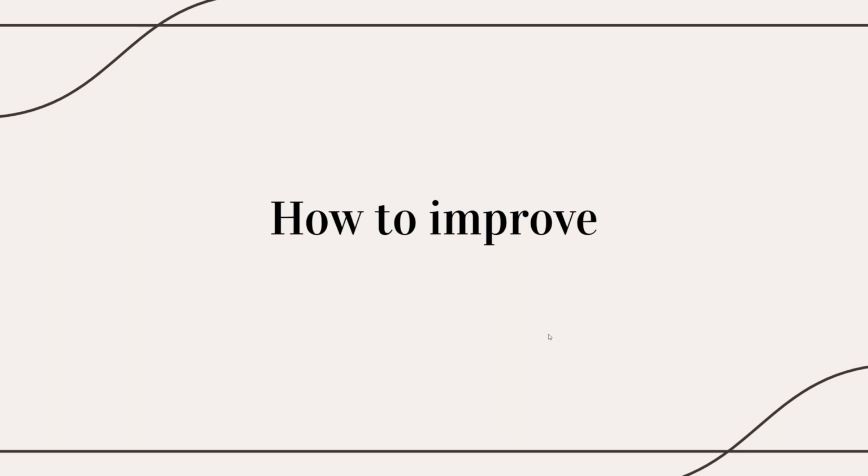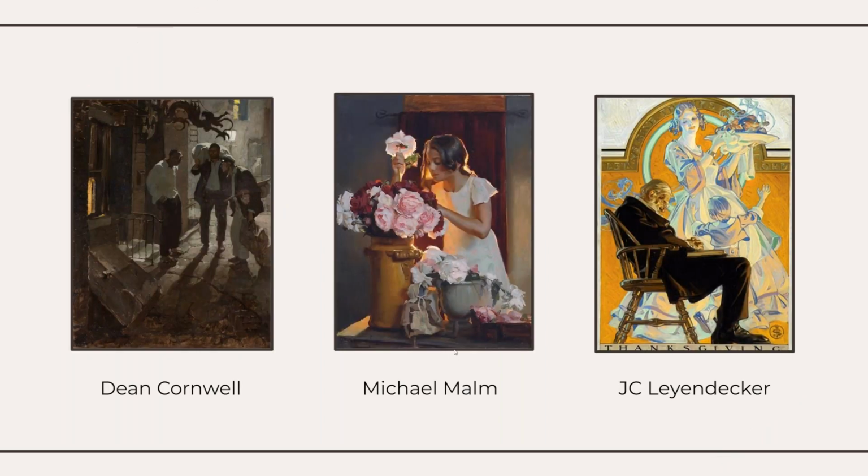And a way to improve is to look at artists that you like. So here I have 3 American artists that I love, whom I think are masters of lighting, masters of their craft. I especially love Dean Cornwell. If you look at his work, he is very versatile with his lighting.